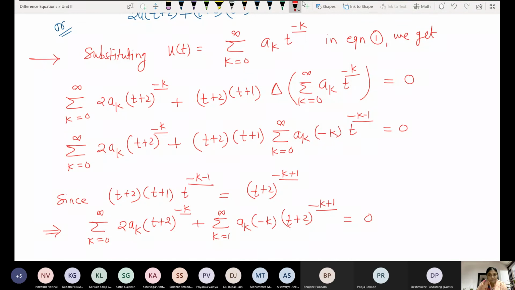Can I write like this? This I am writing as this term.